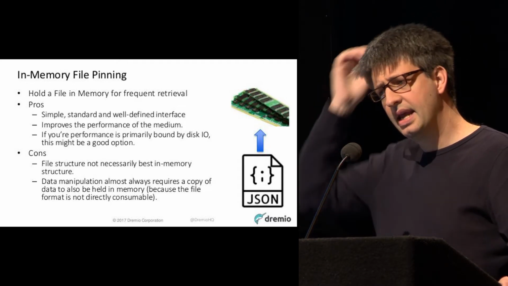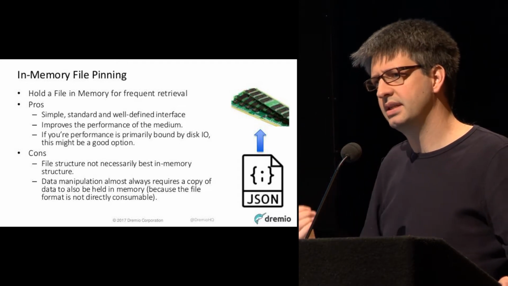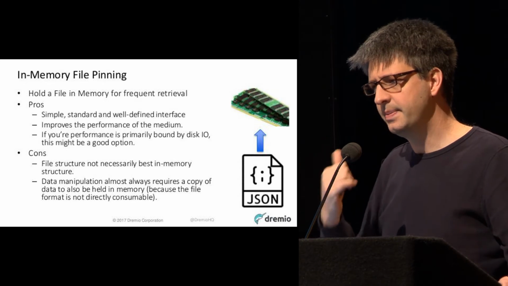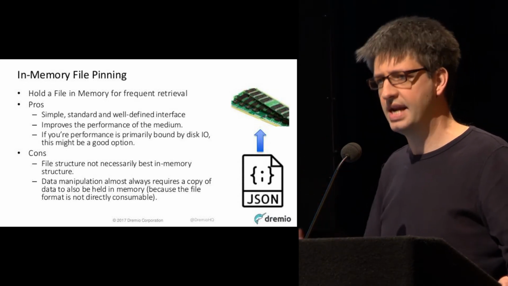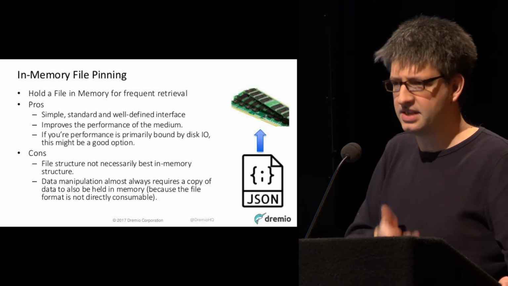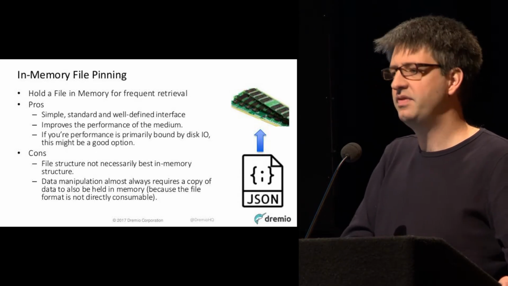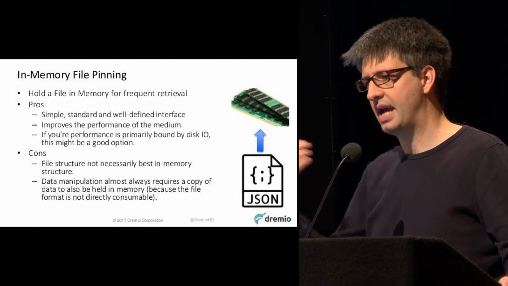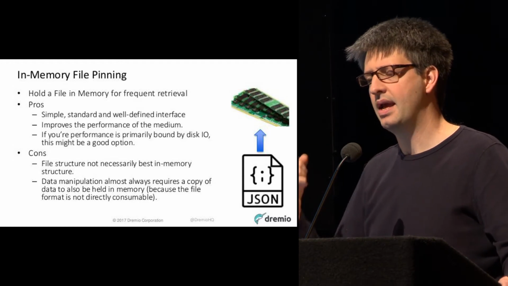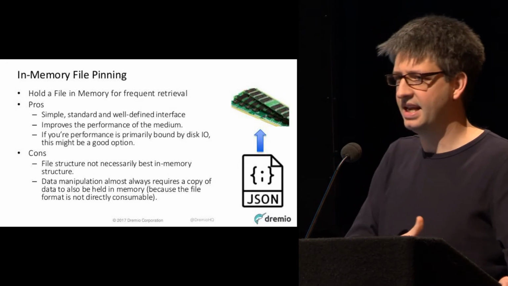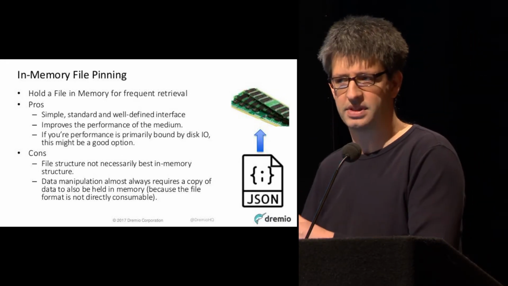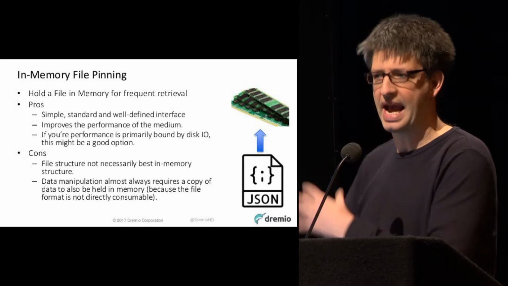The other one is that if you think about data processing engines and algorithms, typically they need to use an in-memory representation of data. However, it's not the disk format. And so even if you load your data into memory as a pinned file, and then you try to do analysis against it, whatever tool you're using will then take the data and make a copy of it in a different representation, most likely in memory, to do its actual work.